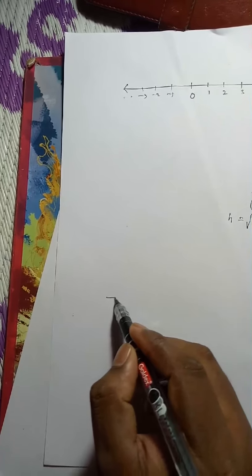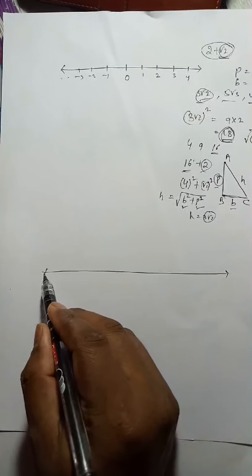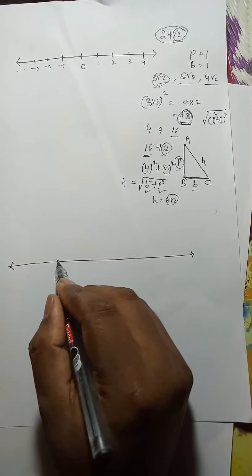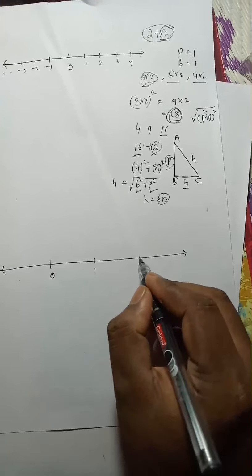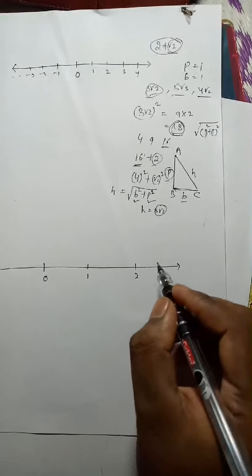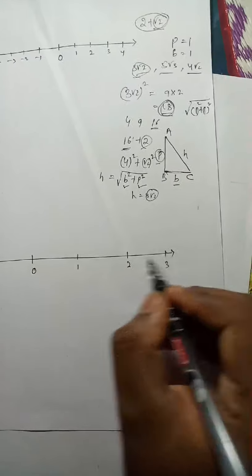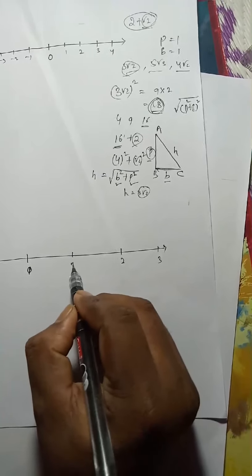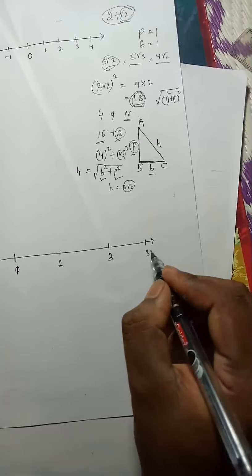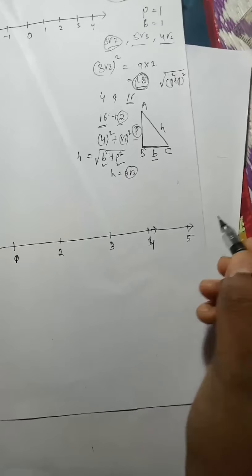At first we draw a line and take 0, then 1, 2, 3, sorry, 0, 1, 2, 3, then here 4, 5.